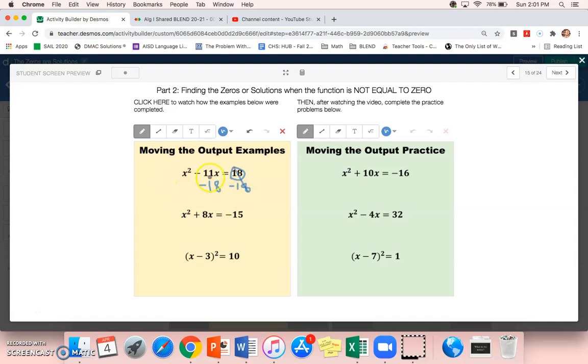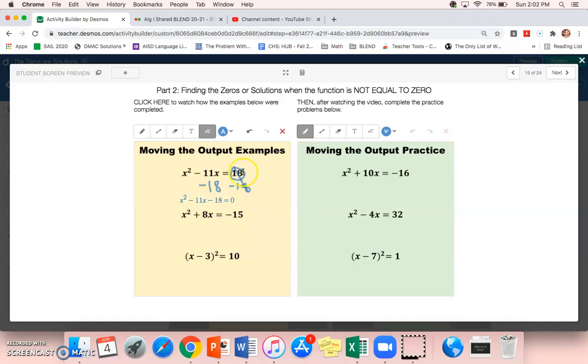And then you'll notice these three terms, none of them look the same. I have a regular number, an x, and an x to the second power. So I'm going to grab my math tool and just rewrite the equation. X to the second power minus 11x minus 18 equals 0, because that's what's left when I do the inverse operation.